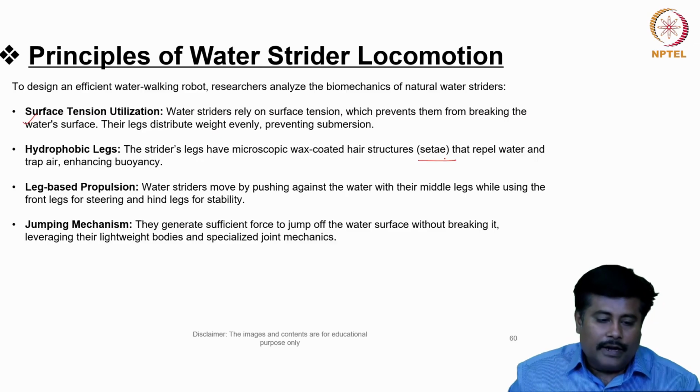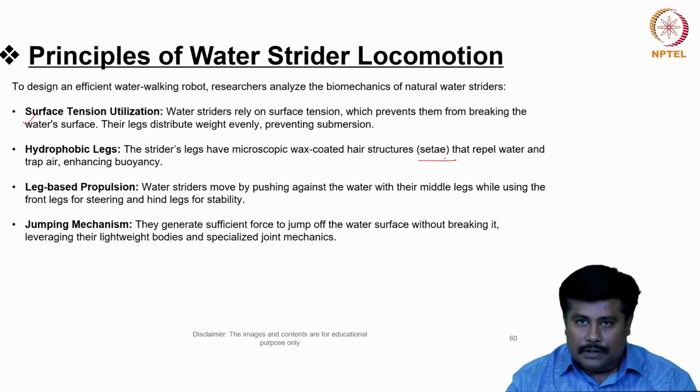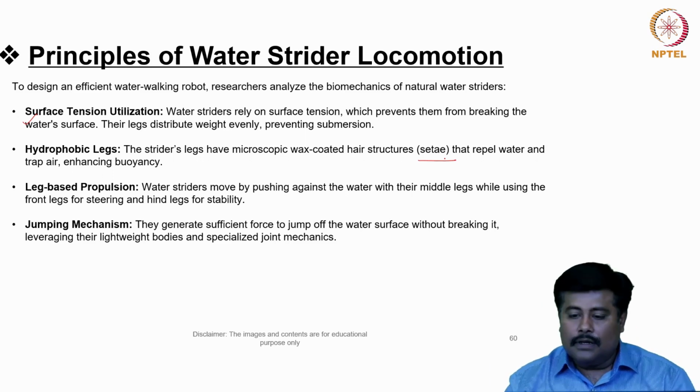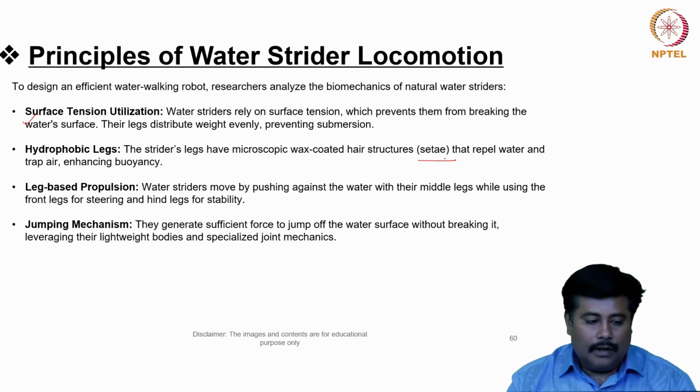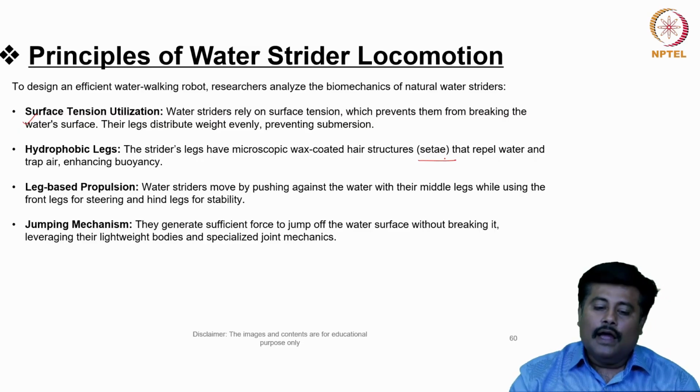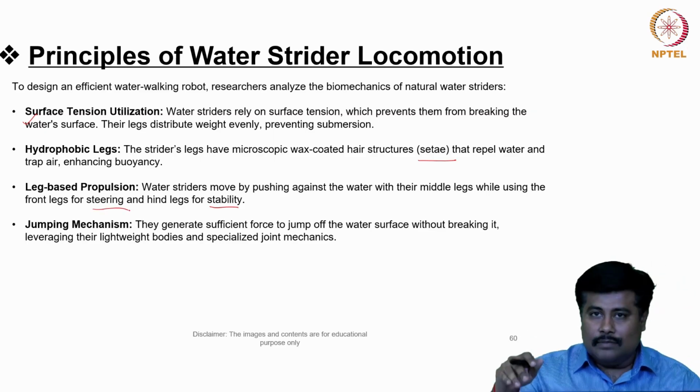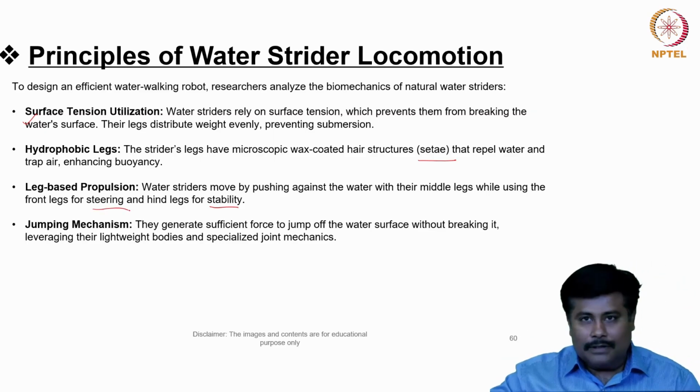Then we have leg-based propulsion. A water strider moves by pushing against the water with its middle legs while using the front legs for steering and the hind legs for stability. Appropriately, an equilibrium is maintained between steering and stability.